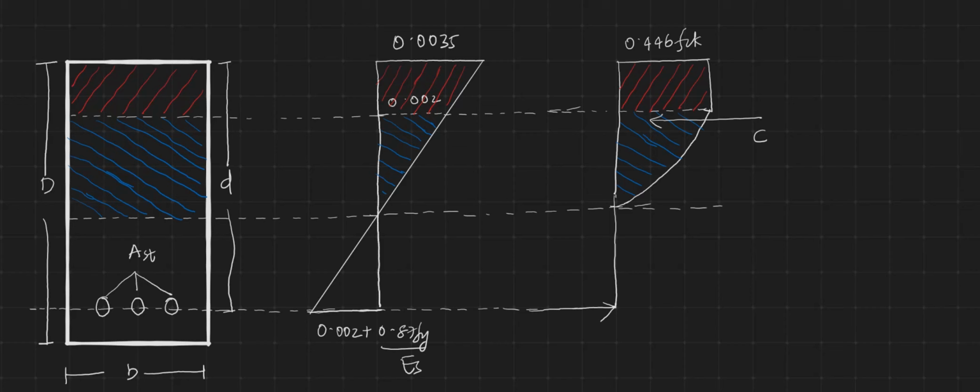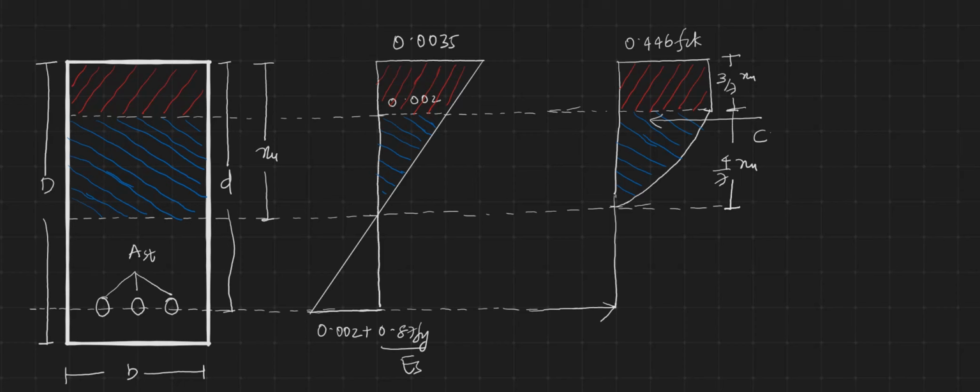Up to a depth of 3/7 Xu it is straight, and after that, for a depth of 4/7 Xu, where Xu is the depth of the neutral axis, it is parabolic.